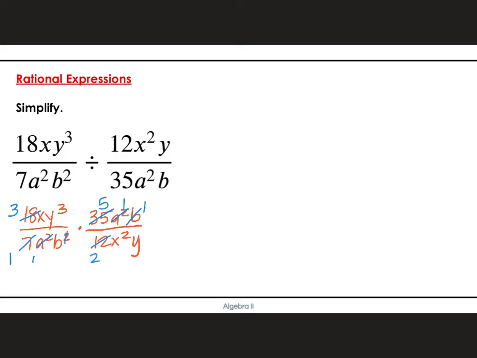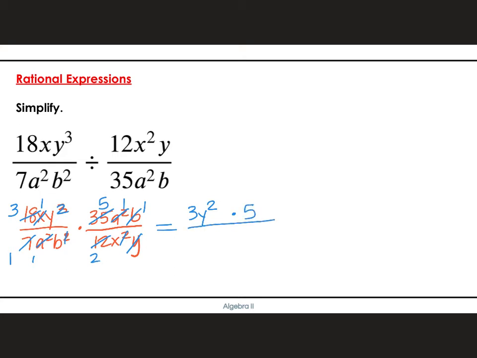I have an x on the top, x squared on the bottom, so the x on the top will cancel with the x squared. And then I have a y cubed and a y. So this y cubed will become a y squared, and then the y on the bottom will cancel. When I look across the top, I have 3 times 1 is 3y squared, times 5 at the top.